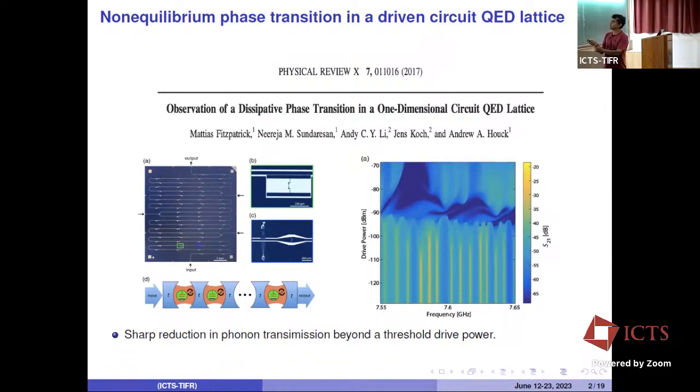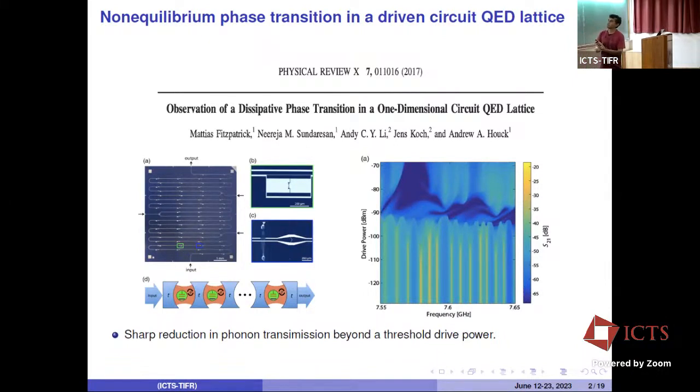This is a very low transmission, and this is high transmission. So suddenly, beyond some driving power, the transmission falls drastically. Effectively, you can think of the qubits as inducing some interaction between the photon modes, so you can think of this as a model with interacting photons.